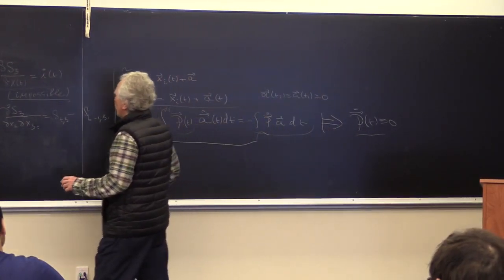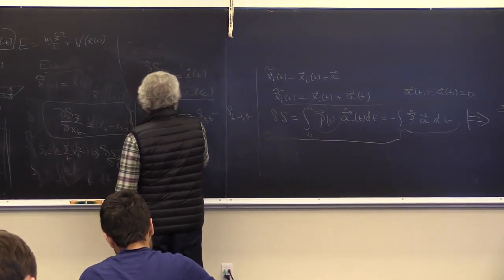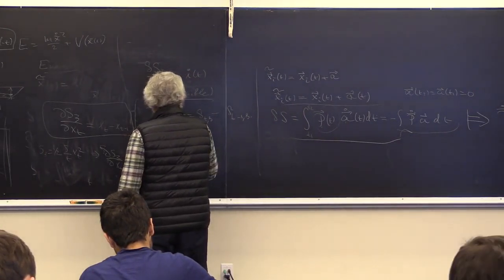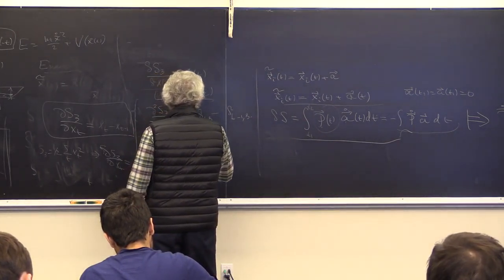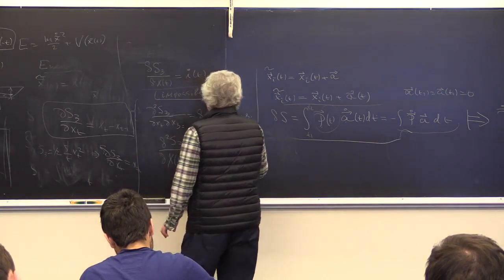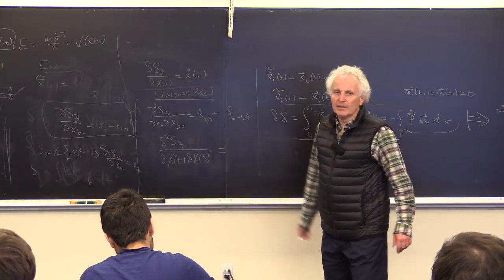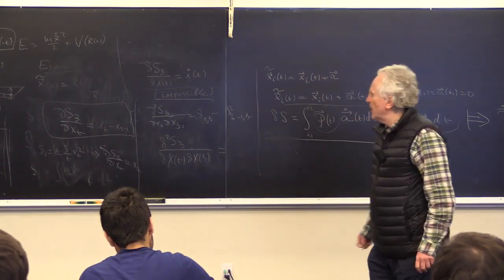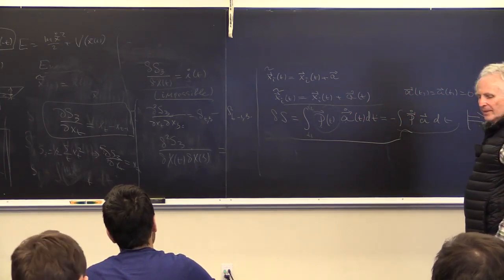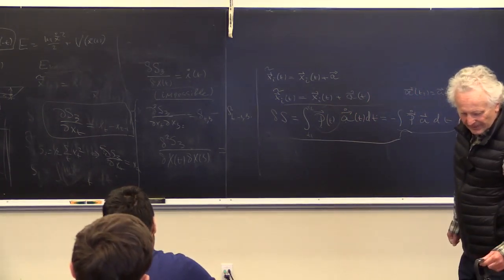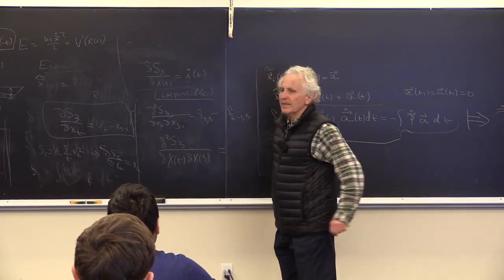Let's throw them away and simply notice. Let's calculate now the second variational derivative, delta x of t, delta x of s, assuming that this equation holds. What's the answer here when you differentiate this guy?